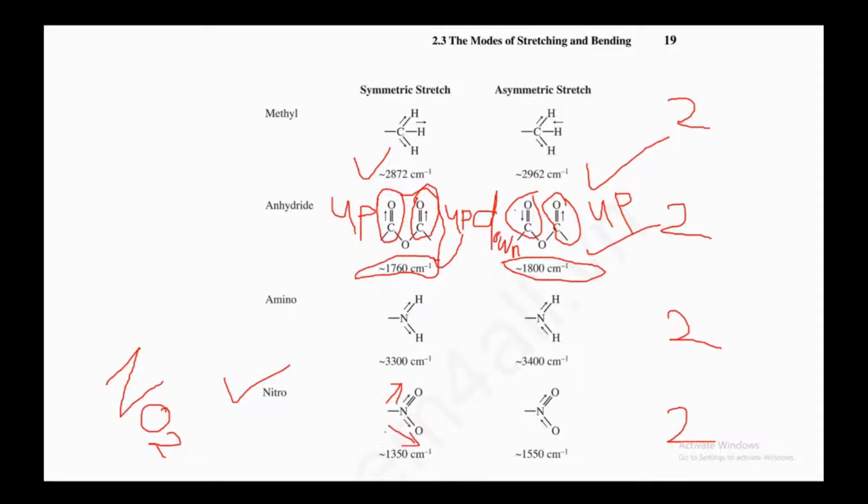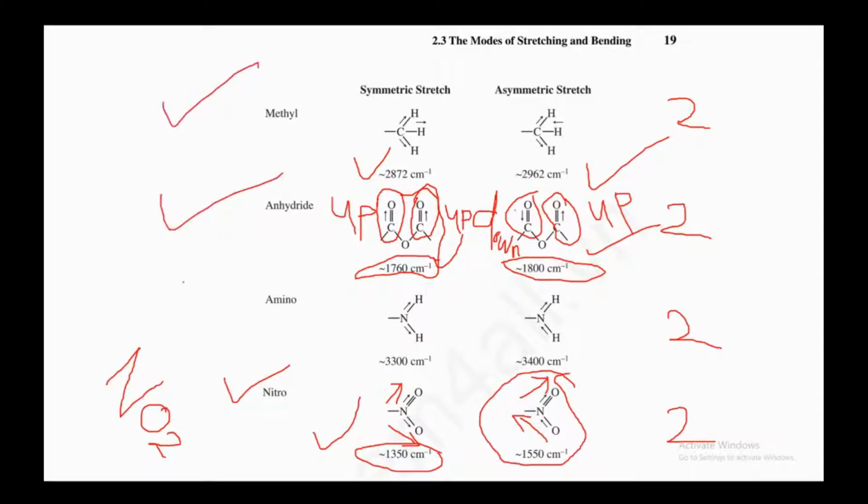The symmetric stretch peak appears in the IR spectrum at approximately 1350, and in the asymmetric stretch, one is going out and one is going in. The peak for the nitro group appears at approximately 1550 per centimeter. So two peaks for methyl, two for anhydride, and two for the amino group, NH2, due to symmetric and asymmetric stretching vibrations.